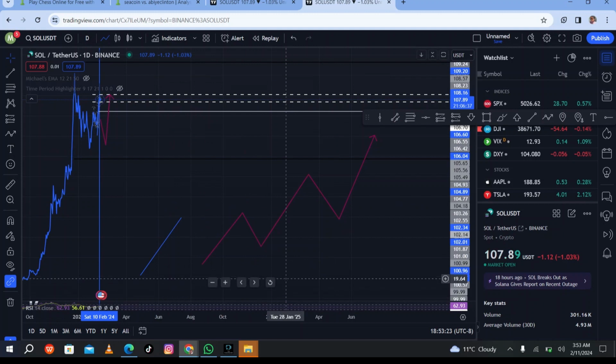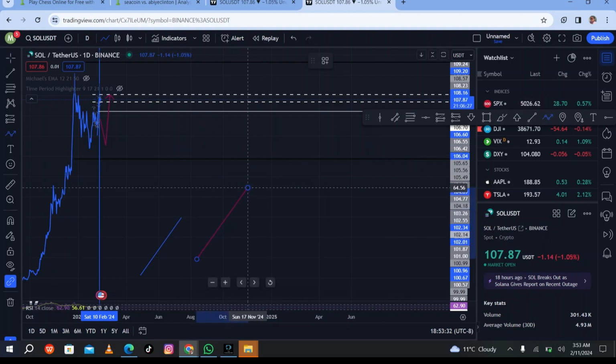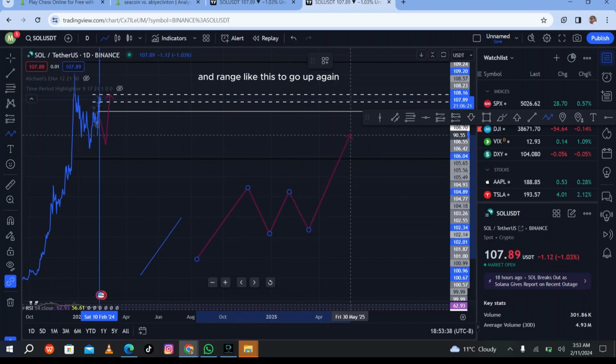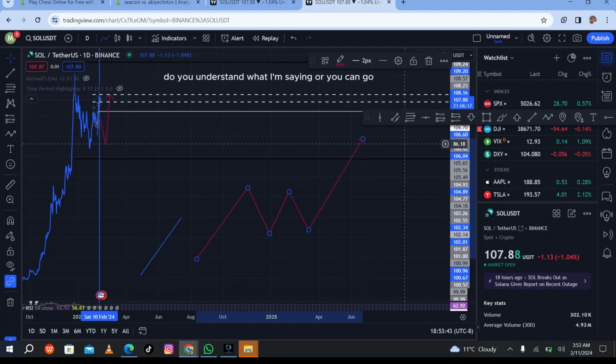Like I told you, I'll do it again so you see it better. It goes up, ranges, can range like this and range like this to go up again. Do you understand what I'm saying?